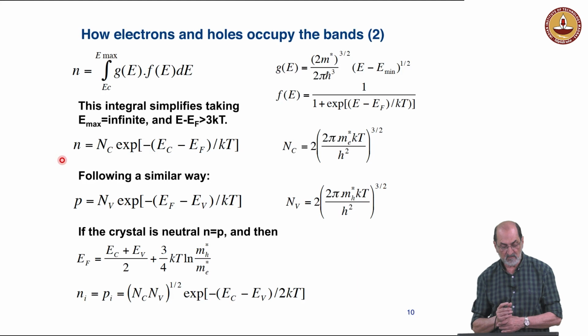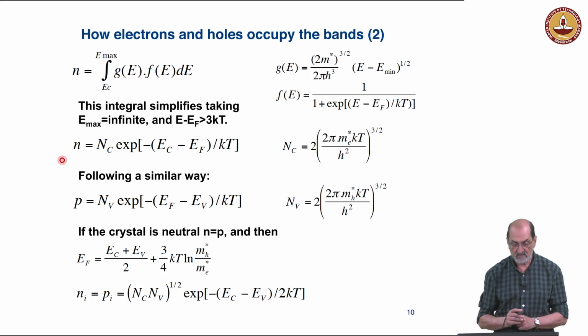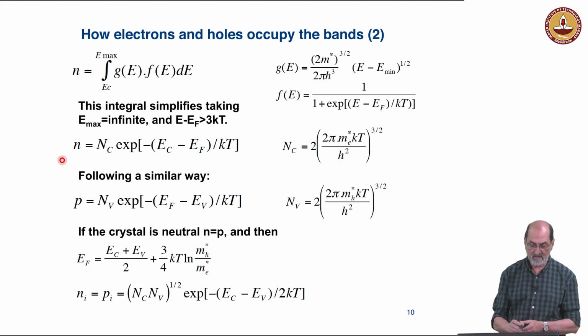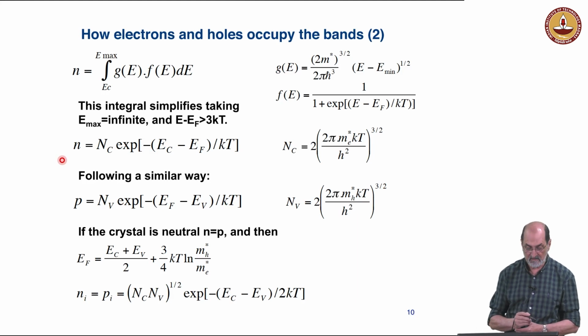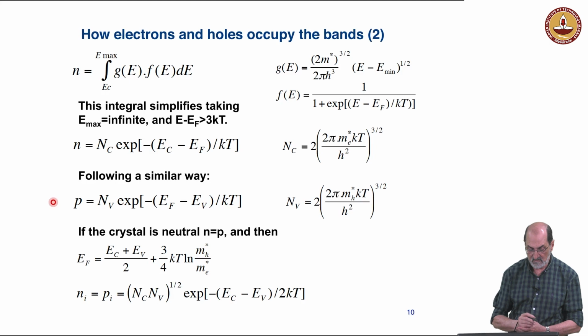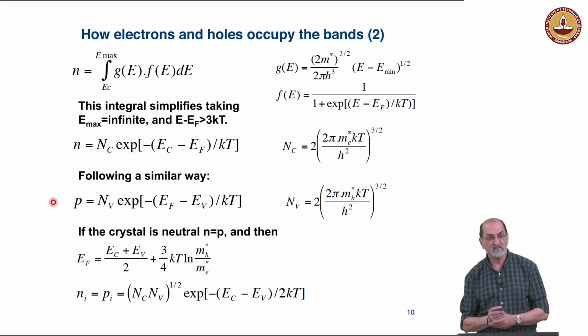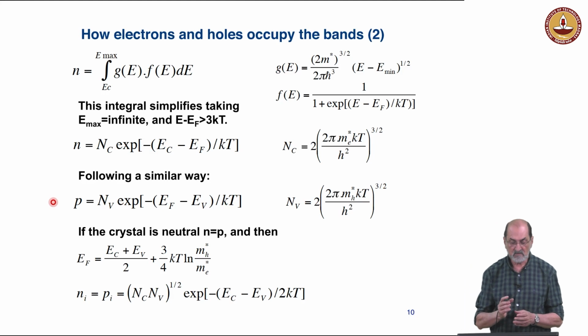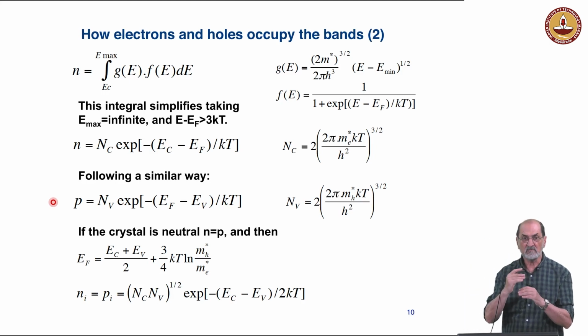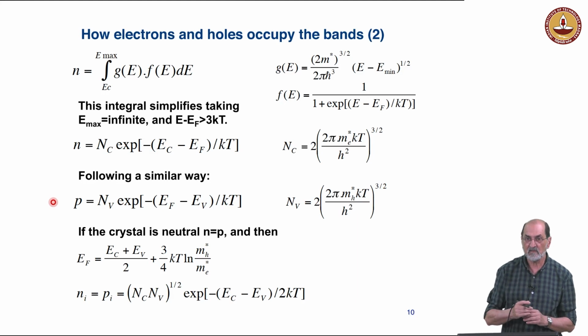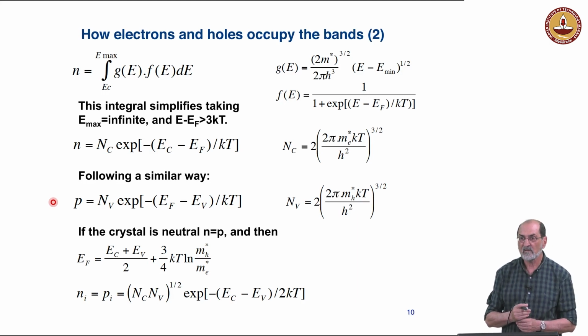And in a similar way, integrating the empty states with the g(E) in the valence band, we can find the density of holes in the valence band. It's quite symmetric. As soon as the Fermi level goes down, the tail of the Fermi-Dirac function gets into the valence band, and more sites are empty.